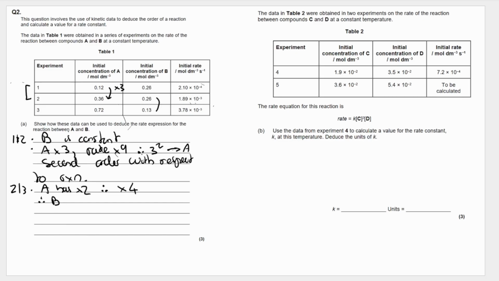Well, what we've done to B is we've divided by 2. Since the overall rate is simply doubled, A should be timesing it by 4, B should be dividing it by 2, and this does work out when B is first order, because times by 4 divided by 2 is overall times by 2, and that is the effect that we're seeing here. We're seeing a multiplication by 2.